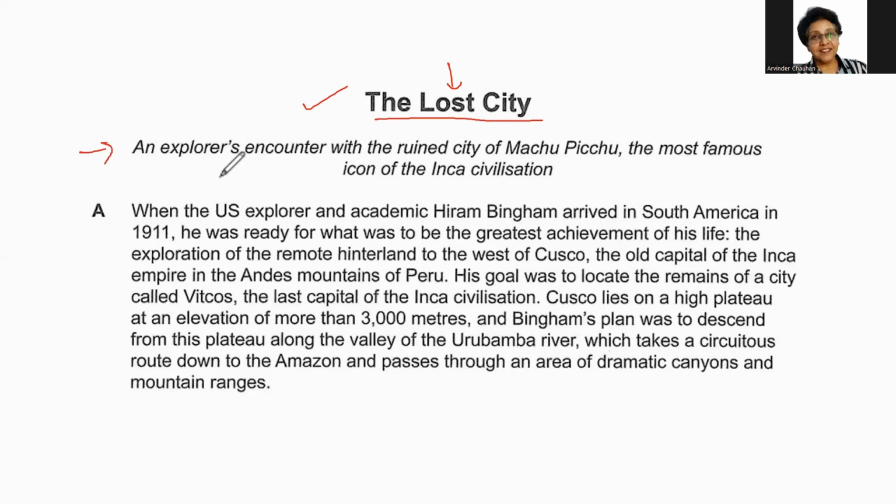Then sometimes they also give you subheadings. They may not always be there, but sometimes they may be there, and this will help you further. Let's read this: an explorer's encounter with the ruined city of Machu Picchu, the most famous icon of the Inca civilization. You may have realized that I had a little difficulty pronouncing this word.